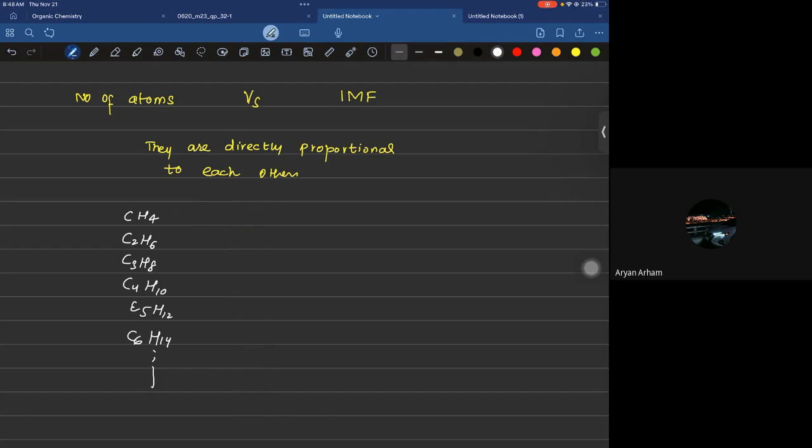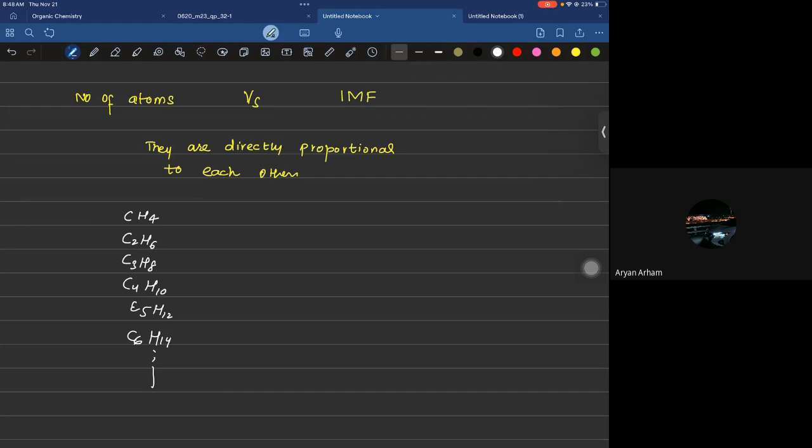It's not only affecting solidity, but also the boiling point of the substance. So the intermolecular force depends on two things: boiling point and solidity. Now you can predict the state of a substance, whether it is gas, liquid, or solid.